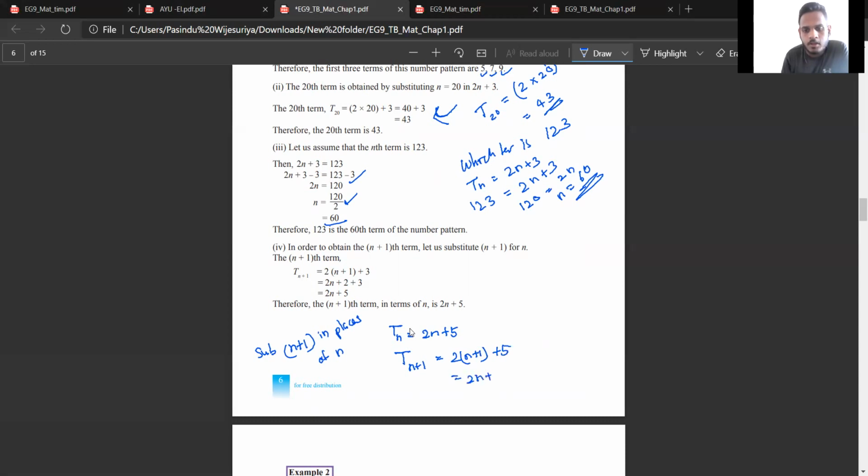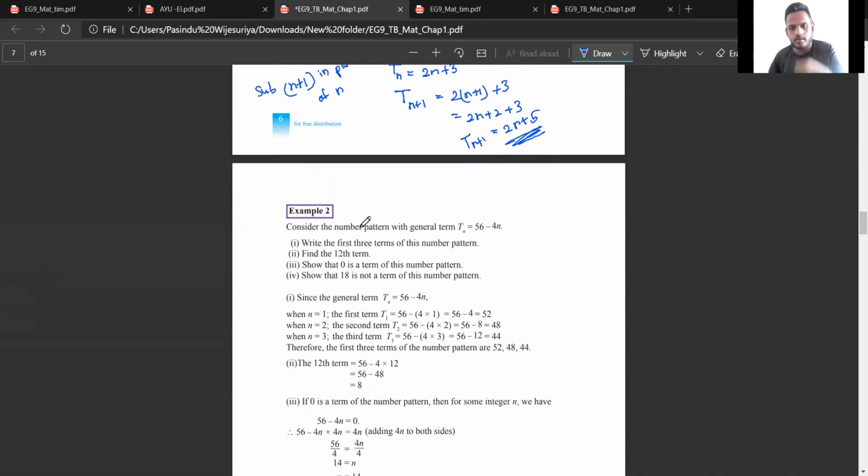So it's 2n plus 2 plus 5. Sorry, my apologies. In this series, it's 3 here. So the actual number is 3. So 2n plus 2 plus 3, then 2n plus 5 is the final answer. Then T(n plus 1). I hope you understood that.